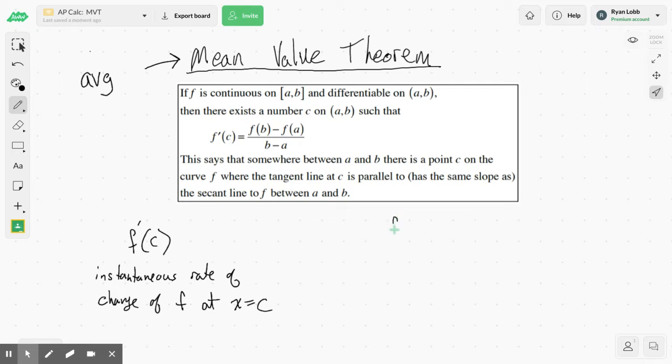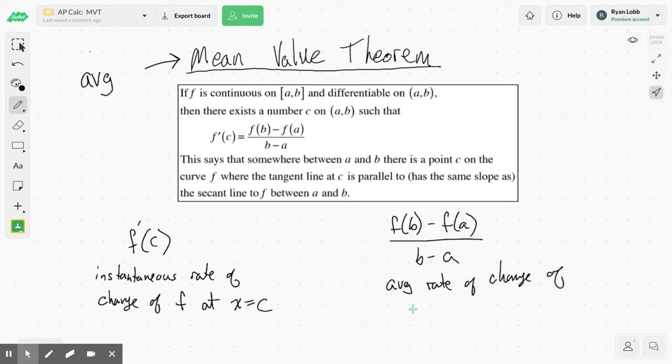And then what is f of b minus f of a over b minus a? This is your average rate of change of f from x equals a to x equals b.